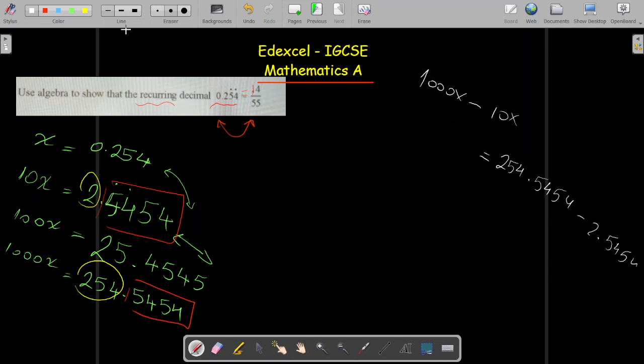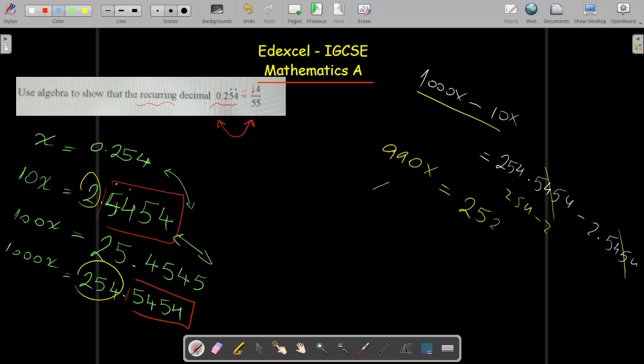Looking at the left side, it translates into 1000 minus 10, normal subtraction, so it's going to be equal to 990x. And when you do the subtraction, this decimal is going to cancel this decimal, and you're subtracting 254 minus 2, which is going to be equal to 252. Now the idea is to make x the subject, as you can see.